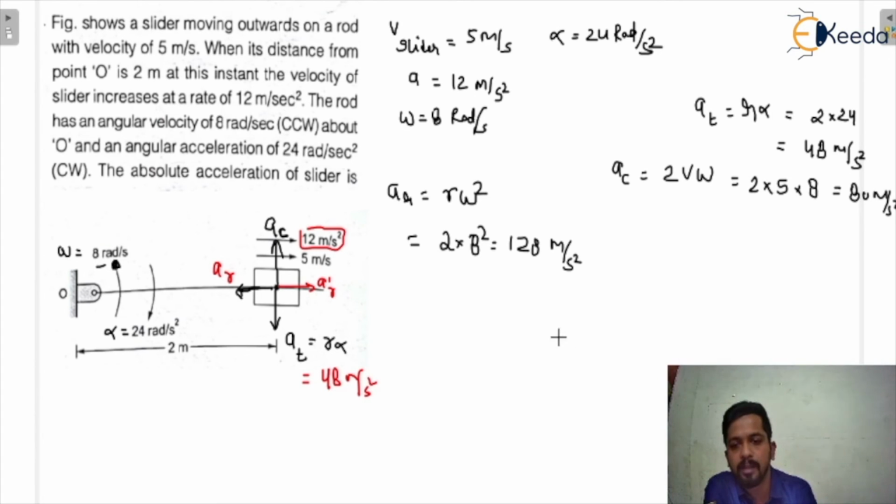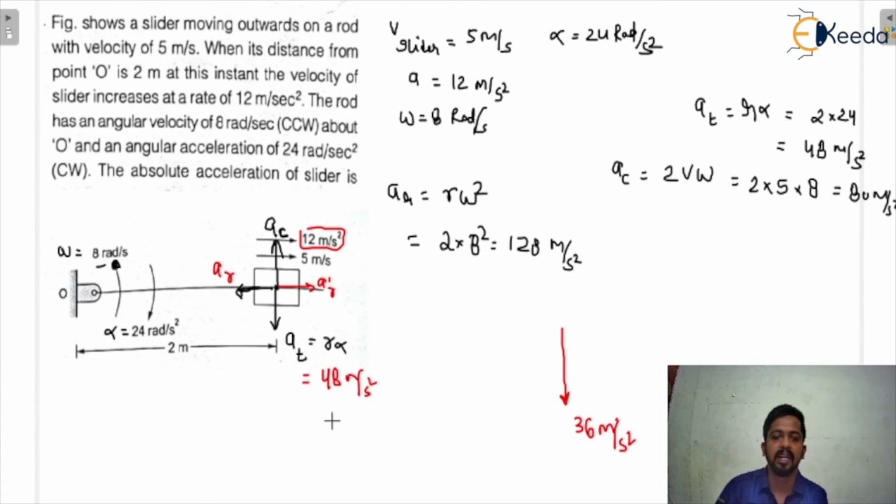So when we subtract them, the final acceleration in that direction would be 48 minus 12, that is 36 meter per second squared. We have to subtract them, and since 48 is greater than 12, the final acceleration would be in the downward direction.